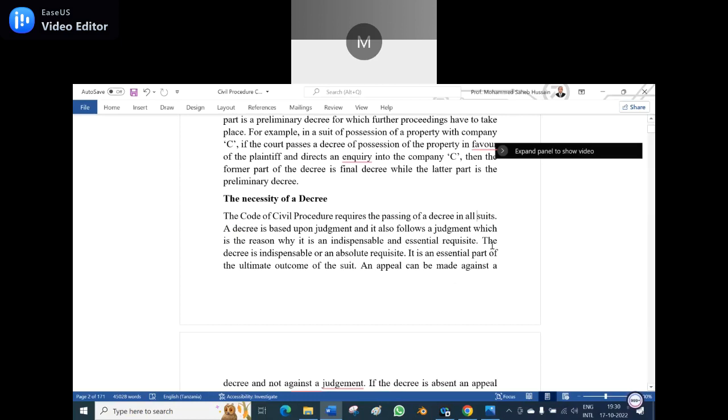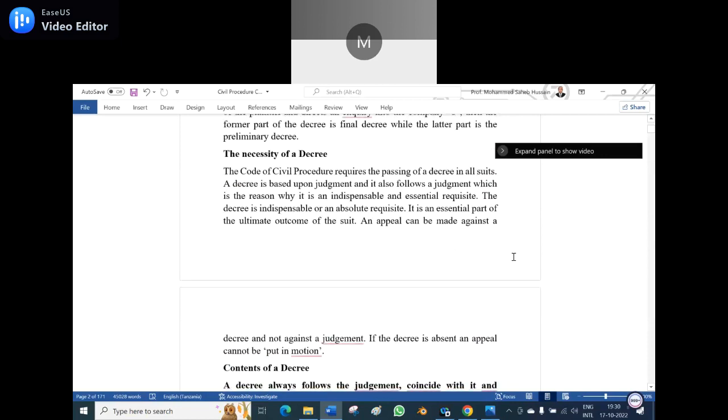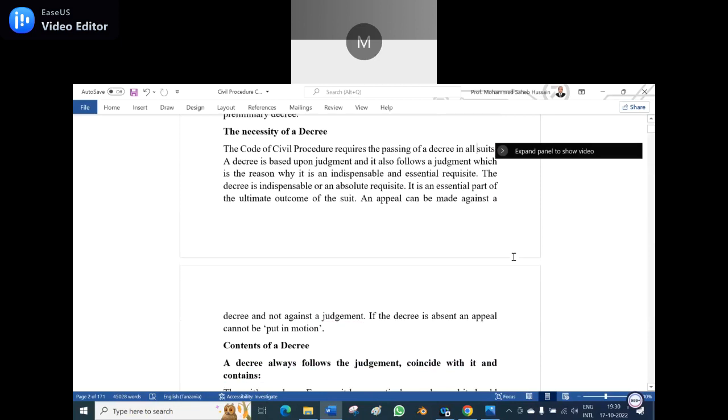So, the decree is indispensable or an absolute requisite. It is an essential part of the ultimate outcome of the suit. An appeal can be made against a decree and not against a judgment.